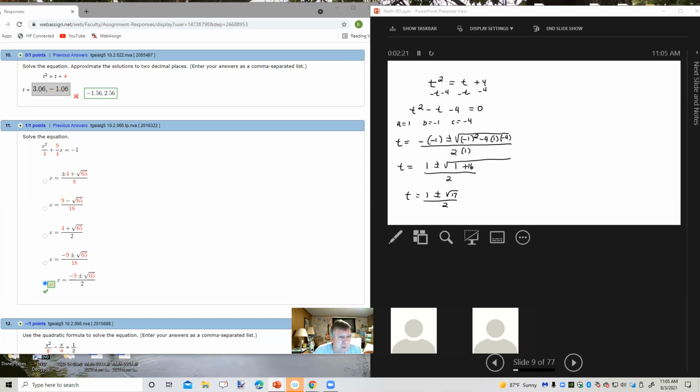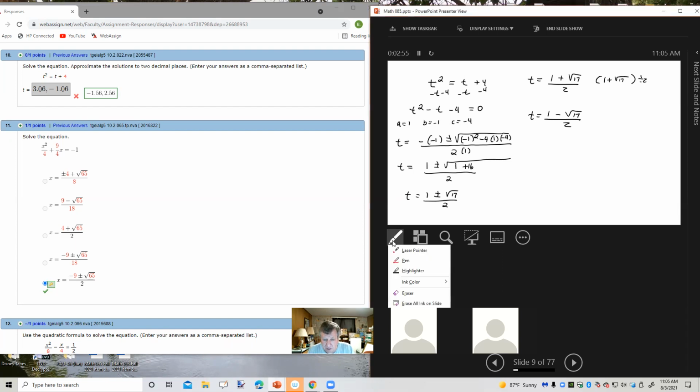It says solve the equation, approximate the solutions to two decimal places. So t is going to equal 1 plus the square root of 17 all over 2, and 1 minus the square root of 17 all over 2. Now, the entire numerator gets divided by 2. So when I go to put this into my calculator, I'm going to go parentheses 1 plus the square root of 17, close parentheses, divided by 2.